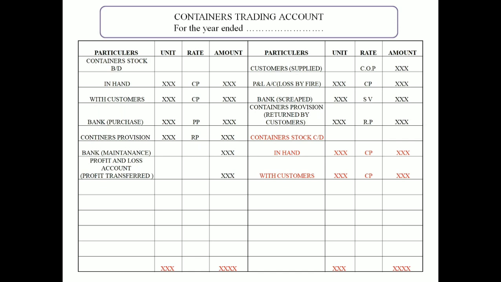After that you go for balancing of the account, find out the balance and assess the profit that you have to transfer. So this is the format of a container trading account. You have to enter all these items, then you go for the balancing process and assessing the profit or loss of a particular situation.